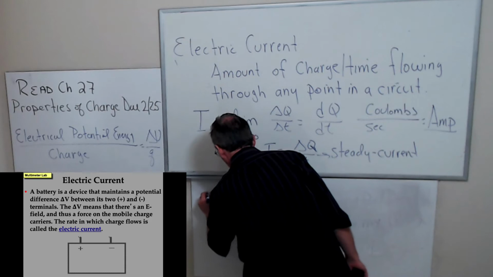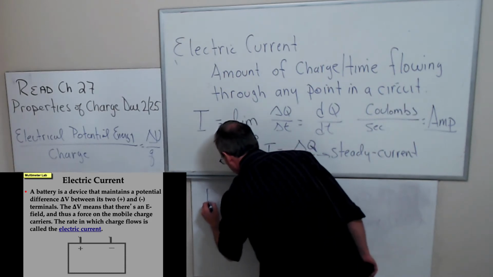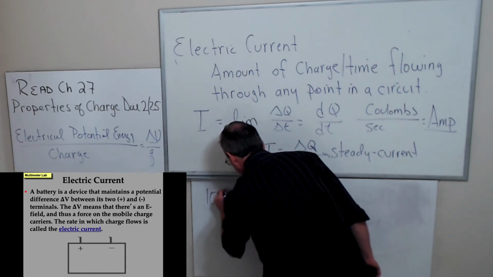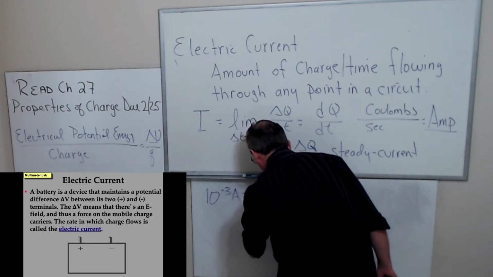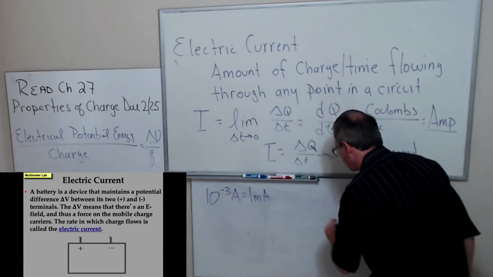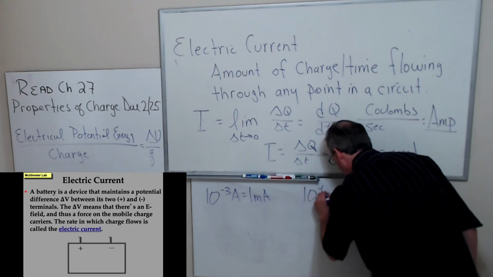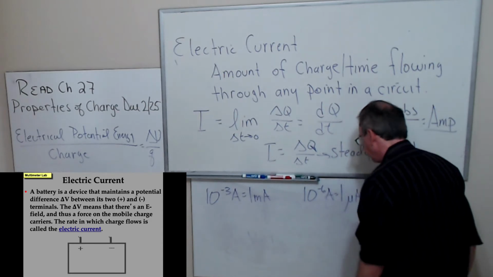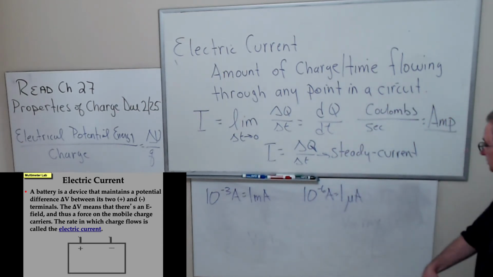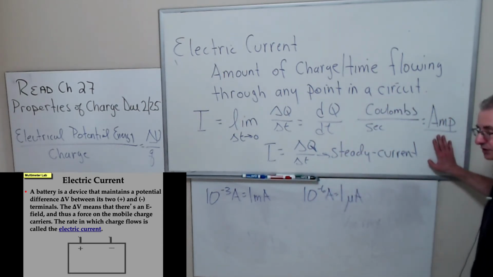So we tend to use milliamps. 10 to minus 3 amps is 1 milliamp. Or microamps. If you're talking about what's flowing through the refrigerator, it's going to be in amps.